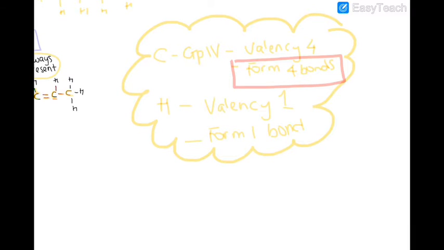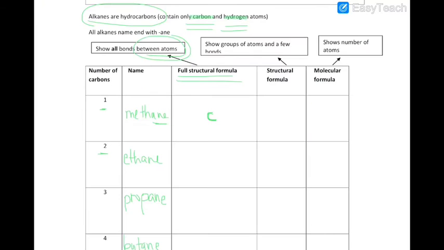Carbon is in group 4, which means it has valency 4, so it will form only 4 bonds. It cannot form less than 4 bonds or more than 4 bonds. And hydrogen forms only 1 bond. So we'll apply this here. Carbon forms 4 bonds: 1, 2, 3, 4. There's 1 carbon, and the rest is going to be hydrogen: H, H, H, and H.